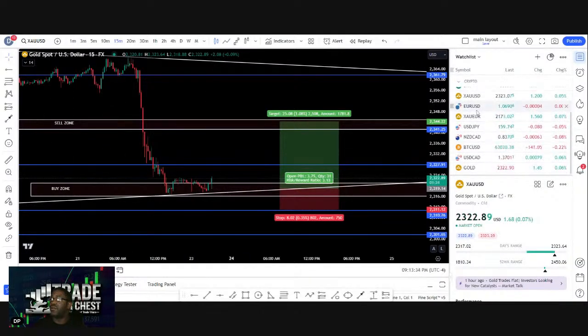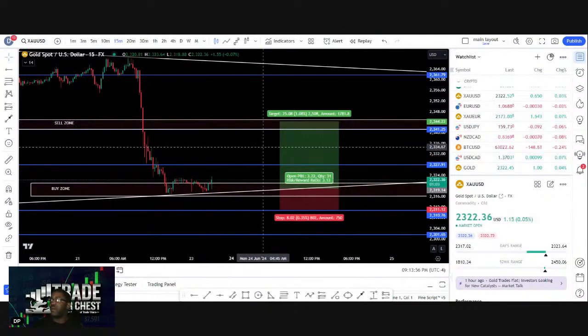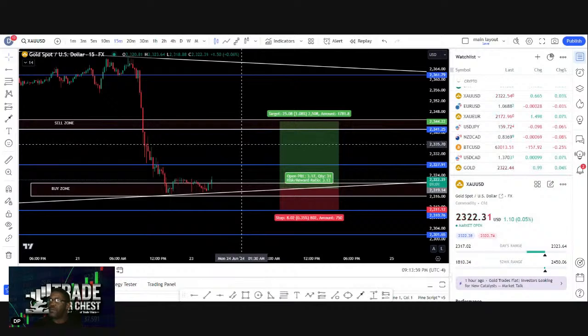I trade the euro to the US dollar, gold to the euro, USD to the Japanese yen, Swiss franc to the Canadian dollar. I do very, very little crypto trading, Bitcoin, USD CAD, and then this is just another chart that I watch gold on, which is based on the CFDs on gold.